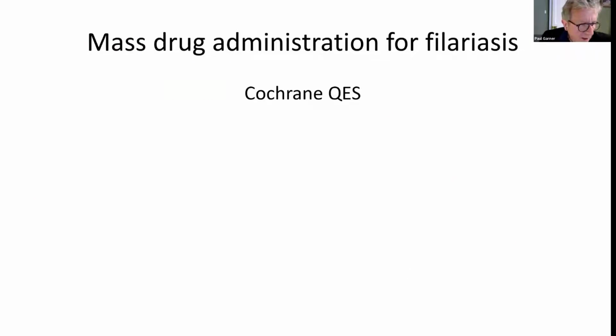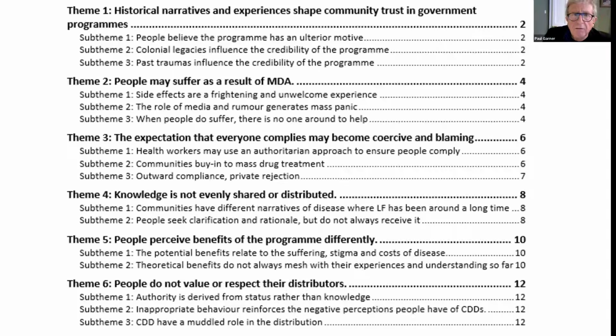And Melissa and people that I'm working with here have looked at mass drug administration for filariasis. Now, this is a fascinating area. Mass drug administration has been used by colonial administrations and others since the 1940s for malaria, for worm programs, for onchocerciasis, many diseases.